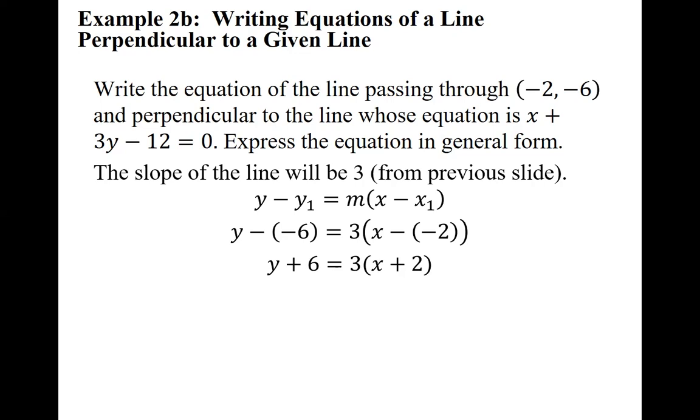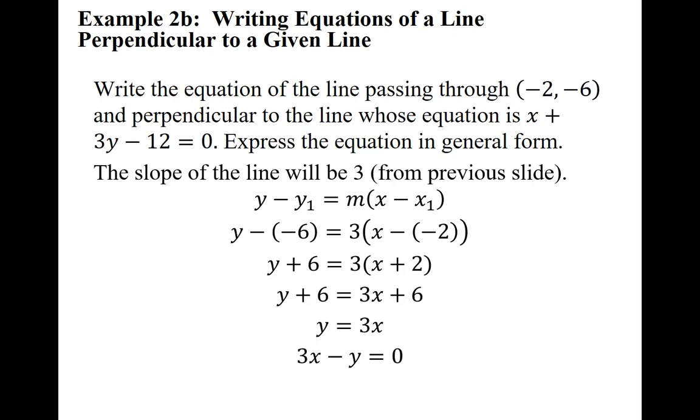That means our x's and our y's have to be on the same side. Let's get rid of the parentheses first by distributing. And if we subtract 6 from both sides, we get y equals 3x. Keeping the x's positive, let's move the y to the right side. We'd have 0 equals 3x minus y, which can be written as 3x minus y equals 0.